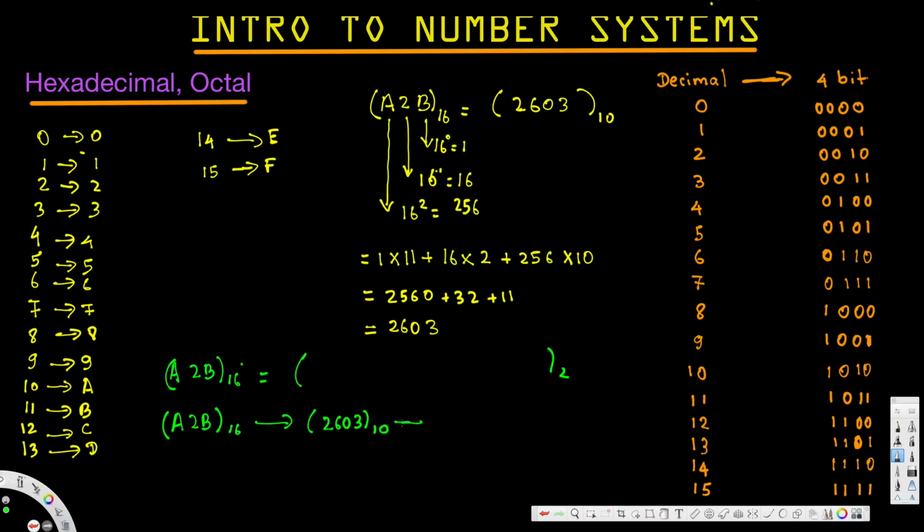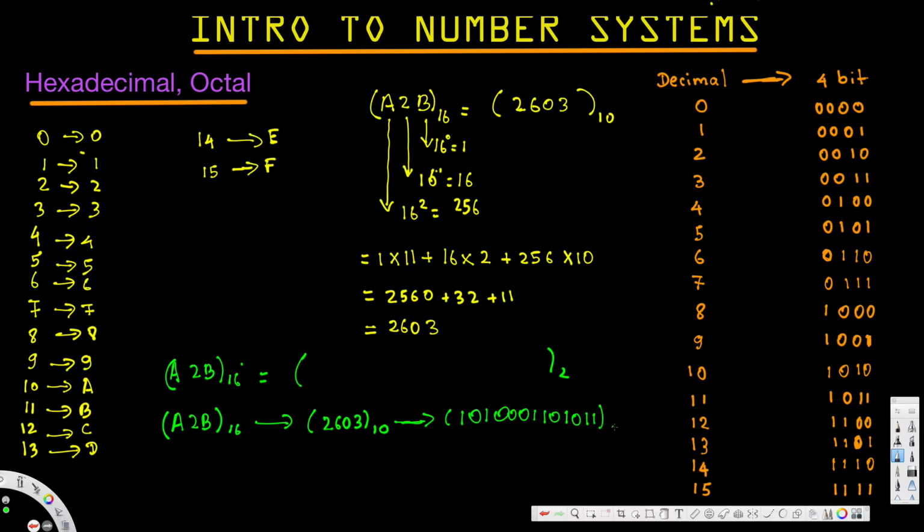The fundamental method is you divide this by 2 until you get 0, and you put the values. You can watch my previous video on how we did that. We divide by 2 until we get 0, and that gives us the binary number.